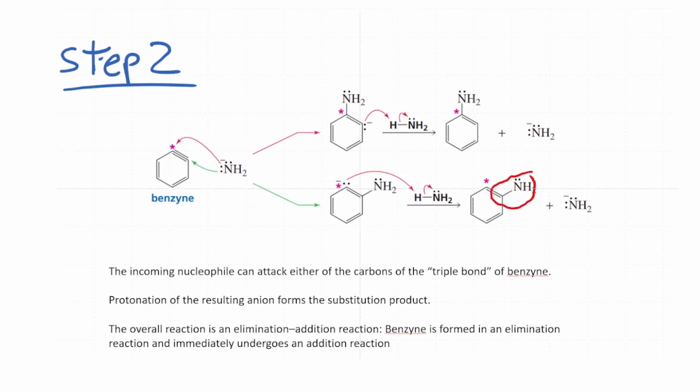That means both these attacks are equally likely, and therefore you see a 1:1 ratio of the products. So the carbon-14 labeling study is very useful in deciphering the mechanism, and it suggests that benzyne could be a possible intermediate in this reaction.